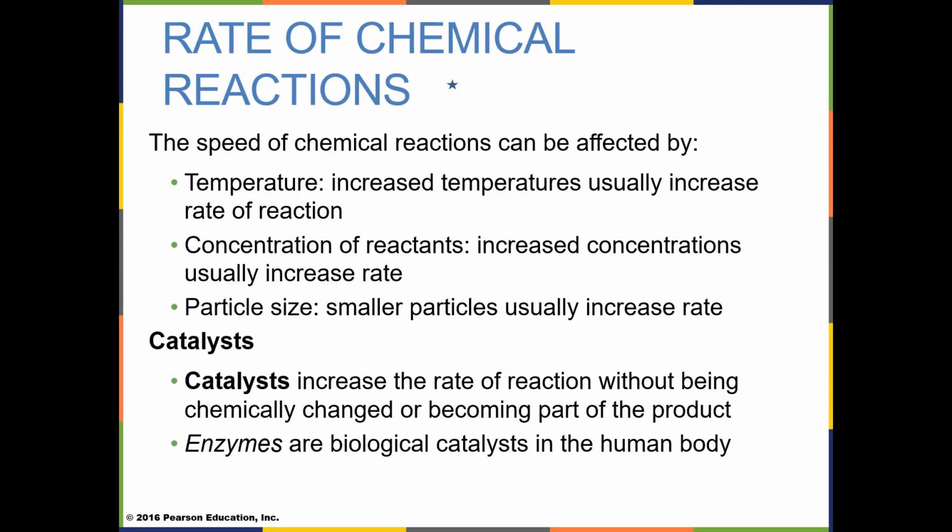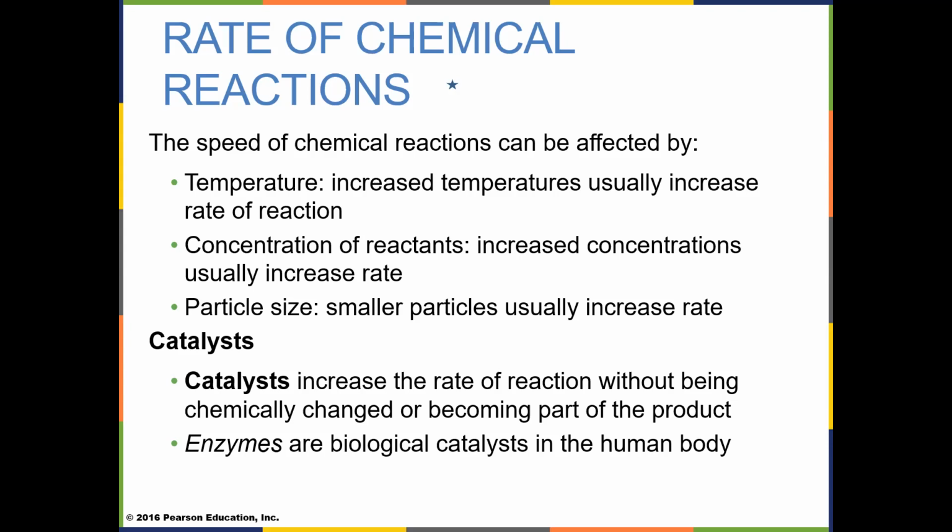I said the other day, the problem we have in humans is that we're stuck at 98.6 or 37 degrees Celsius. We can't do anything about temperature. We can't raise our temperature to have a more efficient chemical reaction.